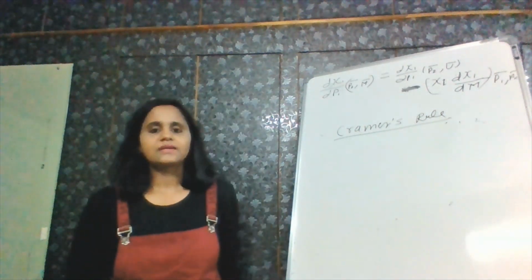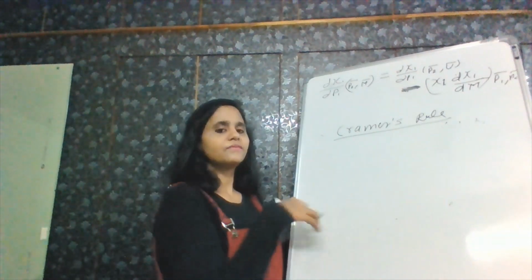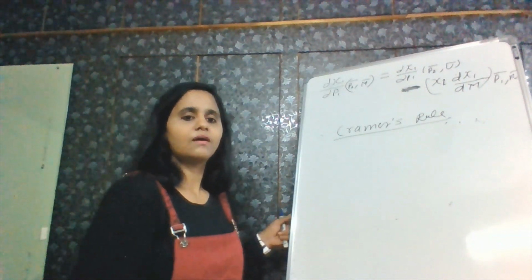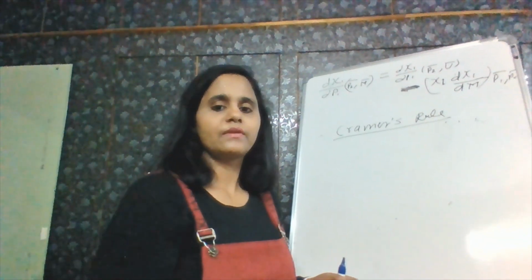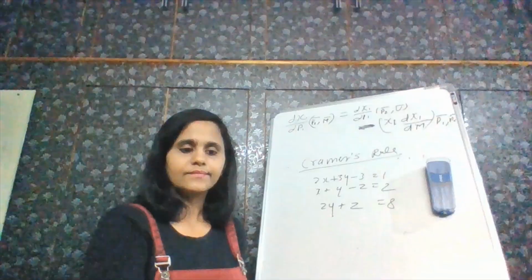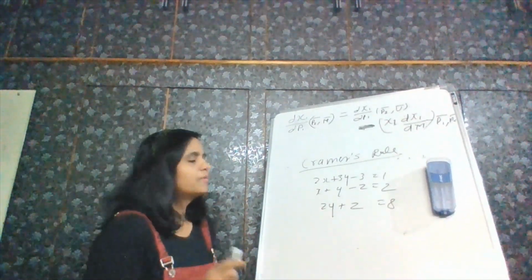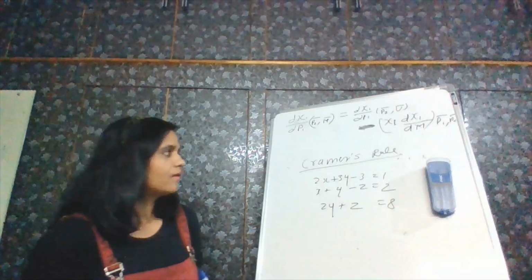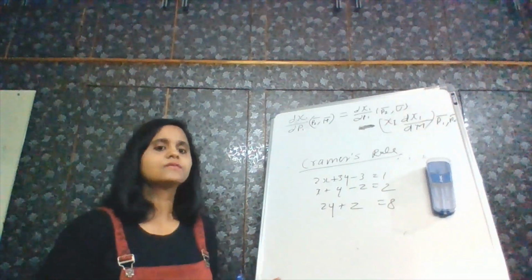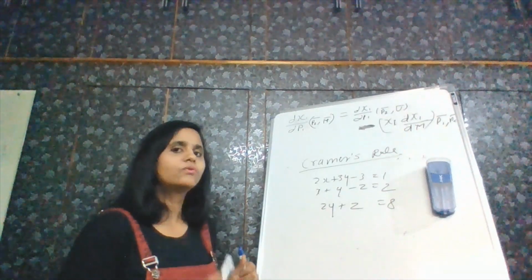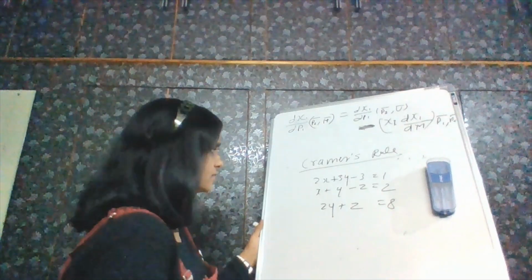We'll see basically how to solve a three variable equation system, and then apply Cramer's rule while proving the Slutsky theorem. Cramer's rule is to solve three variable functions. I'll give a brief so you can understand how we use it while deriving the Slutsky theorem.